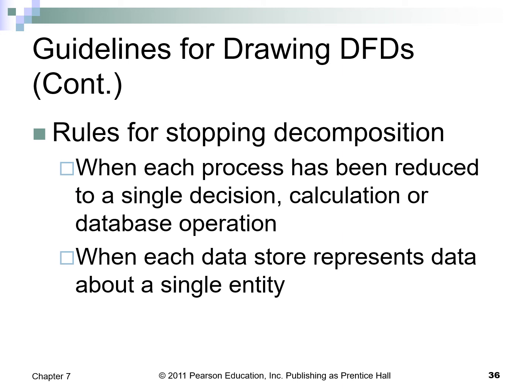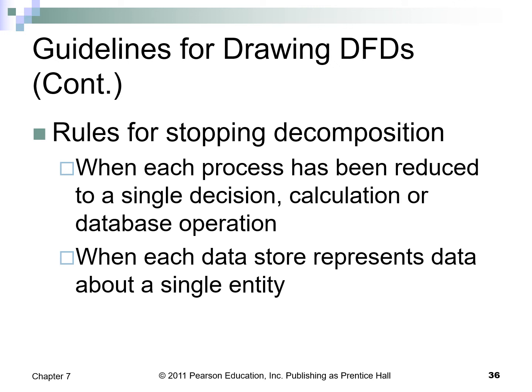Rules for stopping decomposition. Always, when a process includes two decisions, for example, if you pass, then go to process 1, and if you fail, go to process 2, this process will have two actions.